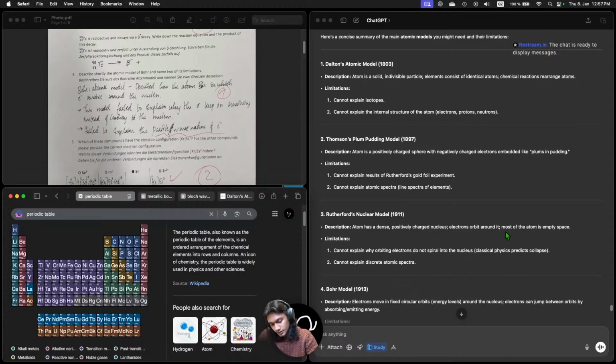Atom has a dense positively charged sphere. No, positively charged nucleus.